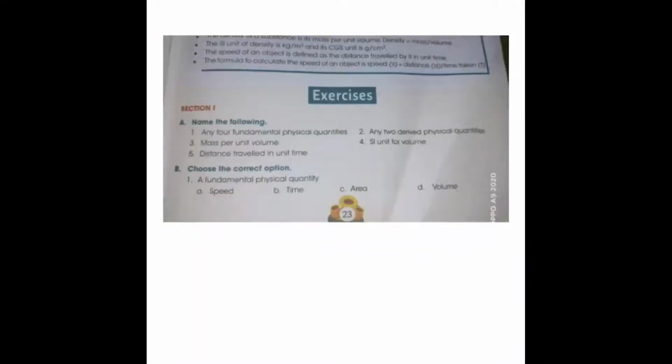So next question will say mass per unit volume. Number 3, we know it is density. Okay, density is the answer. Next, number 4, we have SI unit of volume is meter cube, m to the power 3.